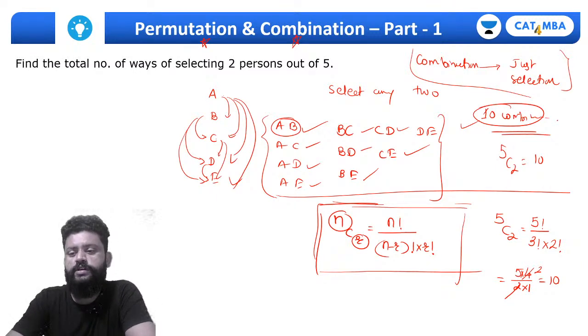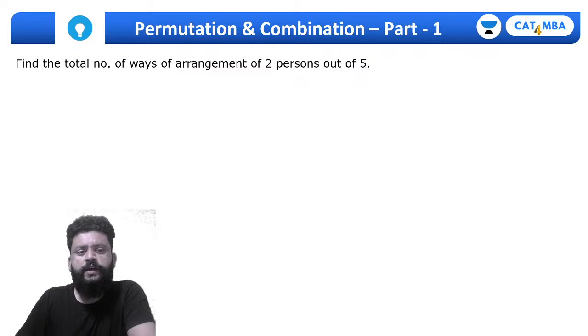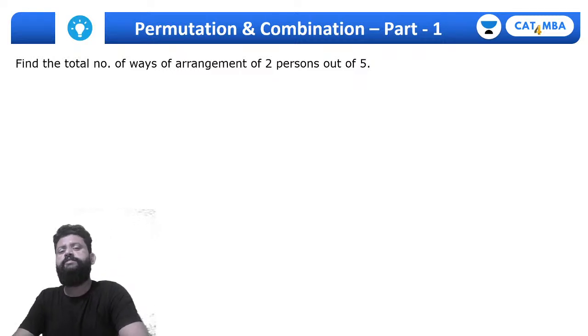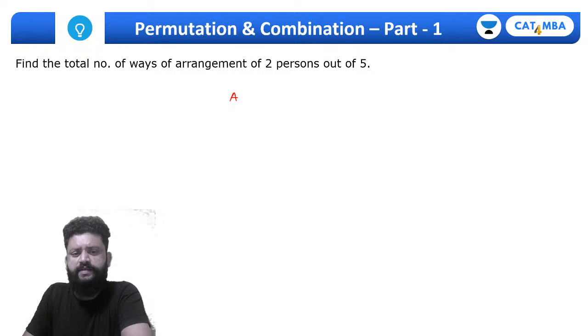Then let's understand what is permutation. Permutation मतलब क्या होता है? In how many ways can we arrange two persons out of 5? So let's take again the same persons A, B, C, D, E, and if you want to arrange two persons, so AB and BA, these two will be different things because this is the arrangement where the sequence will be important.